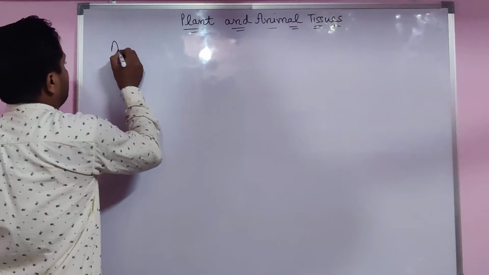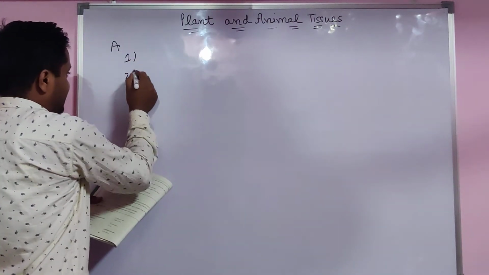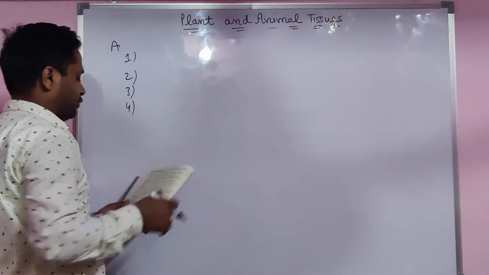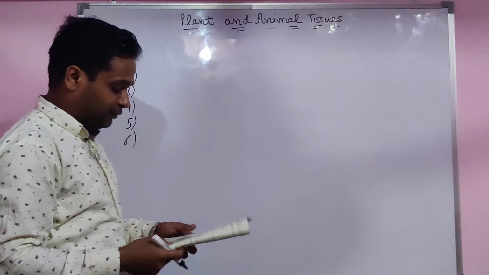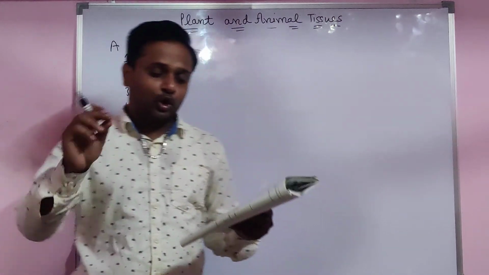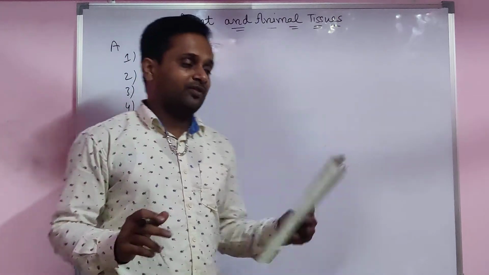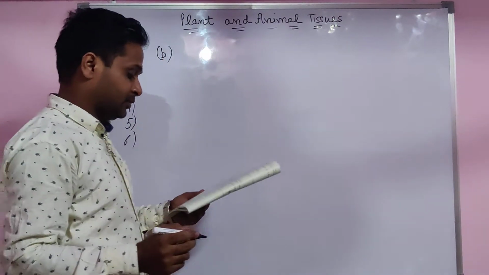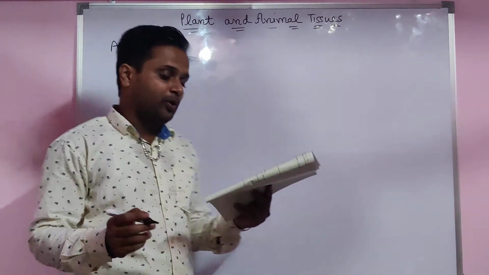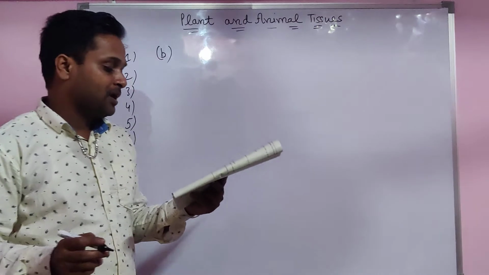Part A, first of all, then second, third, fourth, fifth, and sixth. First one we have to see. Tendons join bone to bone, muscle to bone, cartilage to bone, joint to bone. The answer is B, muscles to bone.